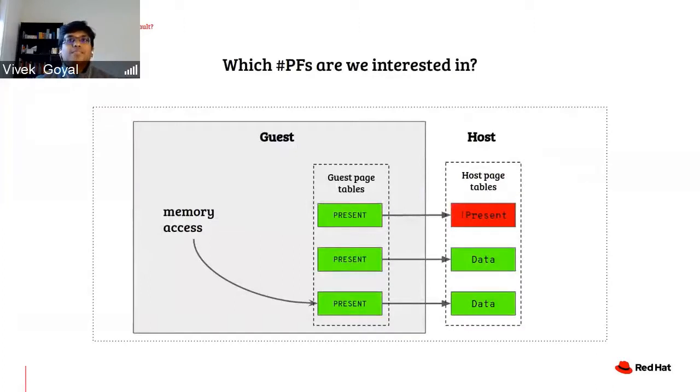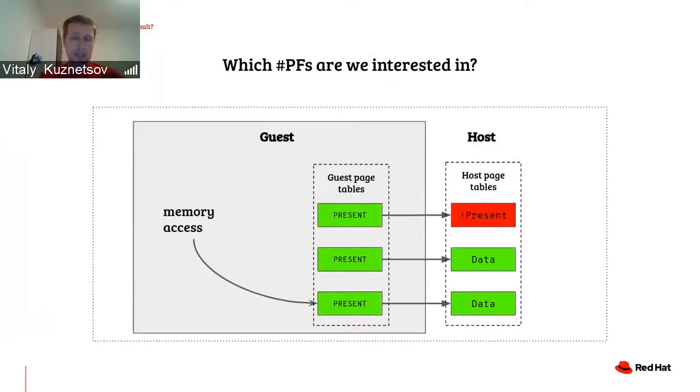Yeah, so what are we going to talk about today? Imagine the following situation. You have a guest running on KVM, and there is a memory access happening at the guest. From the guest perspective, this memory is available, but on the host at the same time, it is not present, for example, because the page was swapped out.